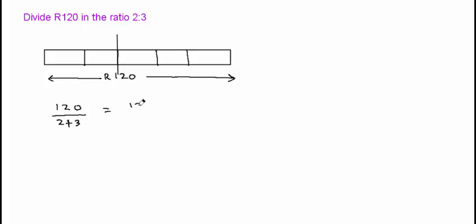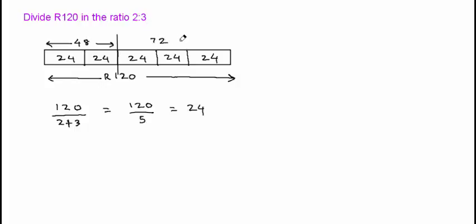And this is equal to 120 divided by 5, and that is equal to 24. So there's a 24 in each one of these. And the moment you find that out, the rest is just a piece of cake. Because on the 2 side you have 2 of these 24s that make it 48. 48 on the 2 side, and the rest, that is 120 minus 48, that's one way of finding that, or you could just multiply 24 by 3.